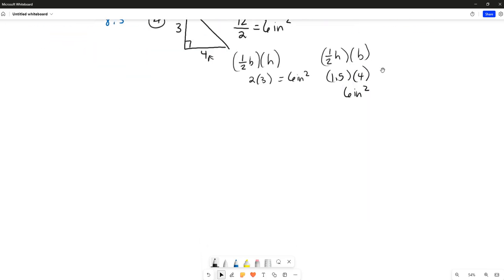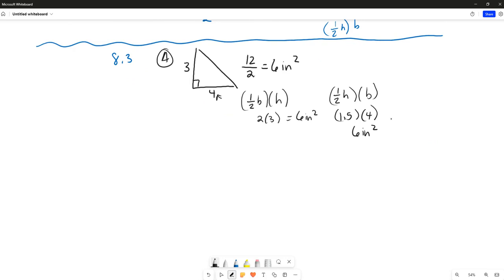Then B, it's this other kind of triangle where you have to find the altitude here, and it's given that the height is 3 and the base is 4. Well, you'll notice that this is the same numbers as in our A example. So this is also going to be 6 inches squared. 3 times 4 is 12. 12 divided by 2 is 6. 6 inches squared.